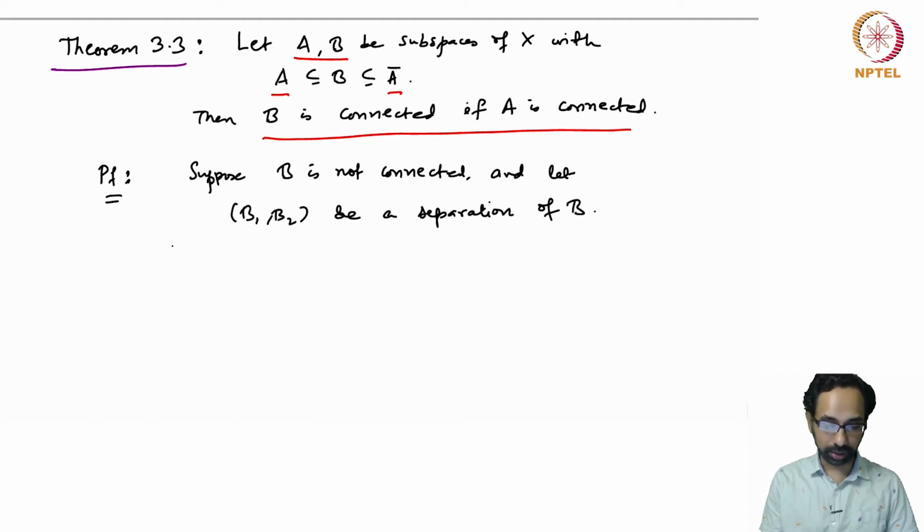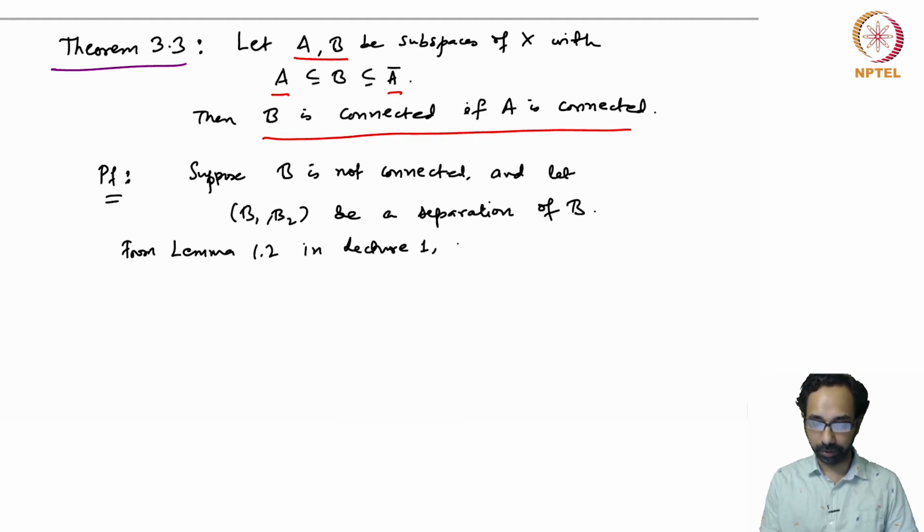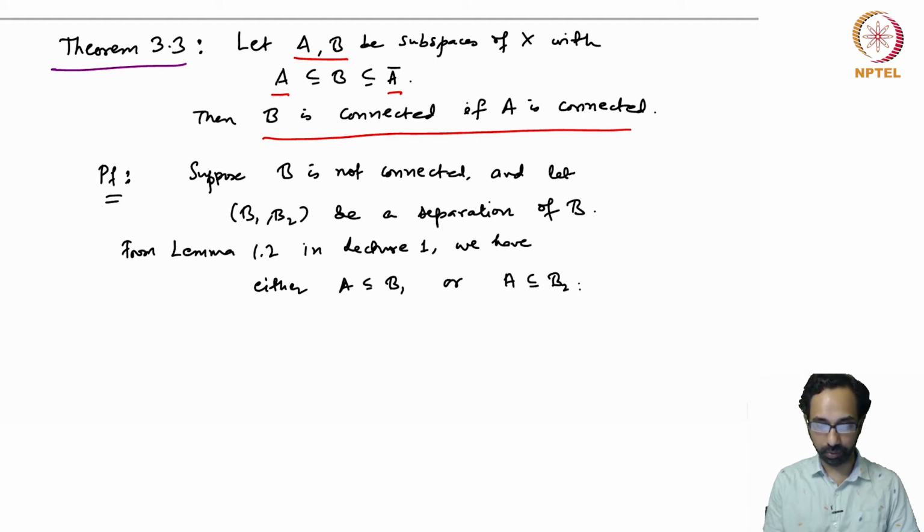So from lemma 1.2 in lecture 1 of this week, we have that either A is a subset of B1 or A is a subset of B2. So suppose A is a subset of B1.